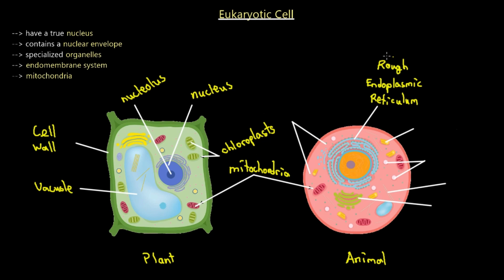What the endoplasmic reticulum does is focus on packaging and producing proteins that come from translation and transcription within the cell nucleus. Next, these two are pointing towards the little dots floating all around the cytoplasm, and these are called the ribosomes, and we've mentioned that they also exist in prokaryotic cells.